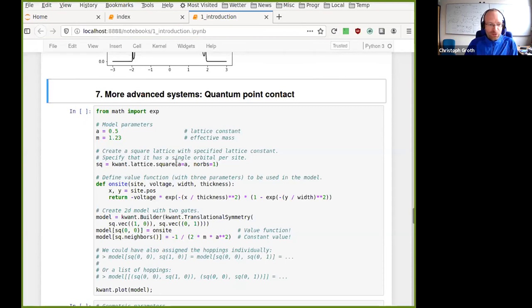The default value of a is 1, which creates a square lattice with lattice constant 1. But here I chose 0.5 to make it more generic. I also specify a number of orbitals in this lattice. This will be necessary only later.